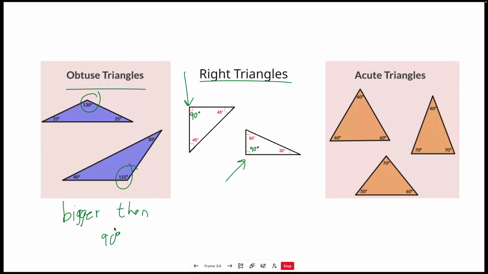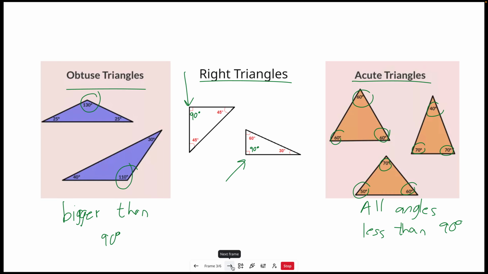So if they have one angle that is bigger than 90 degrees, then it's automatically an obtuse triangle. And so maybe now you can also figure out that an acute triangle, okay, all of the angles are less than 90 degrees, okay? All angles less than 90 degrees.